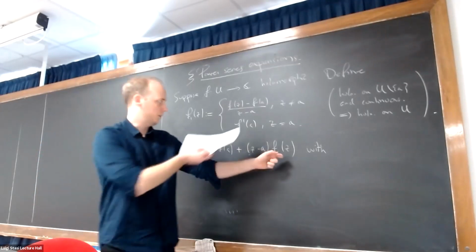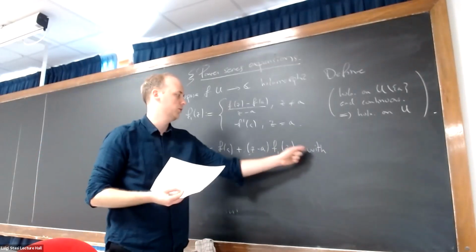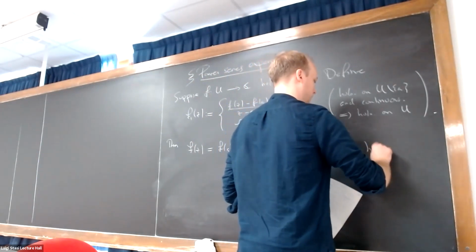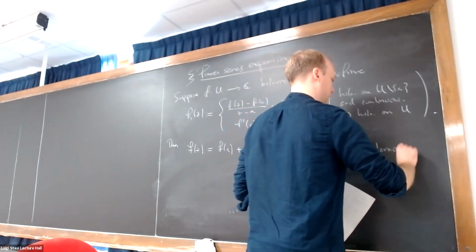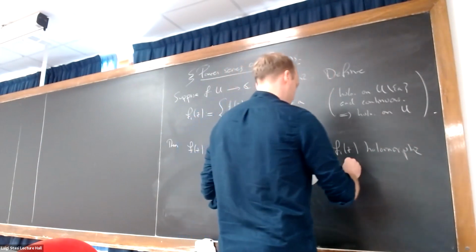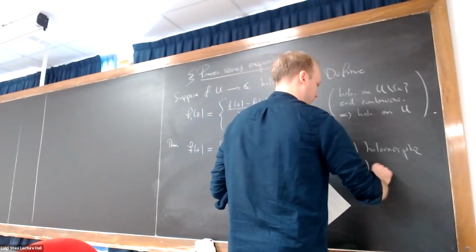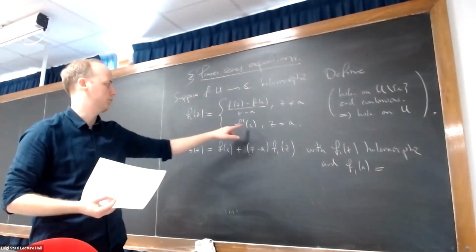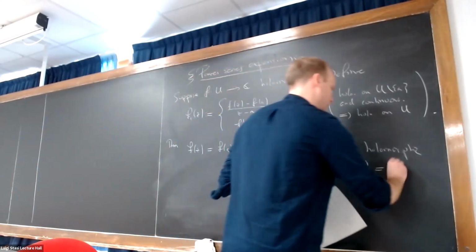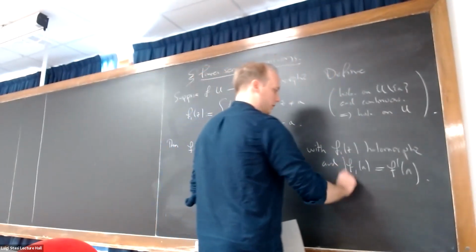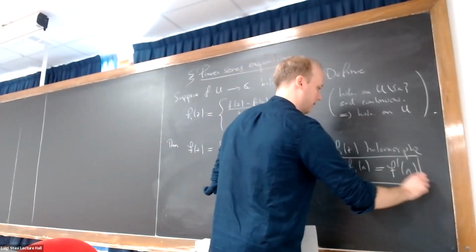But also by what I wrote over here, we know that f1 is holomorphic. So with f1 of z holomorphic, and f1 of a, what is f1 of a? Well, it was equal to f prime of a. Okay, so it's holomorphic, and you have this condition.